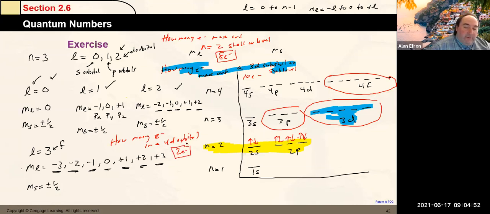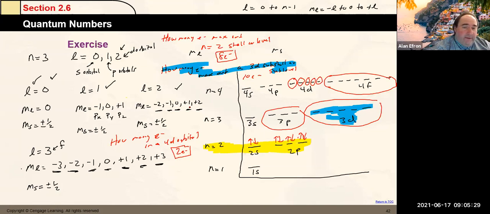When we're talking about a 4d orbital or any individual orbital, we're talking about each individual line, and any of these lines can only hold a maximum of 2 electrons. But if we're talking about how many electrons the 4d subshell can hold, that is a grand total of 2, 4, 6, 8, 10 electrons if we take all those together. So we've got to be careful on some of the terminology. Any questions on that?